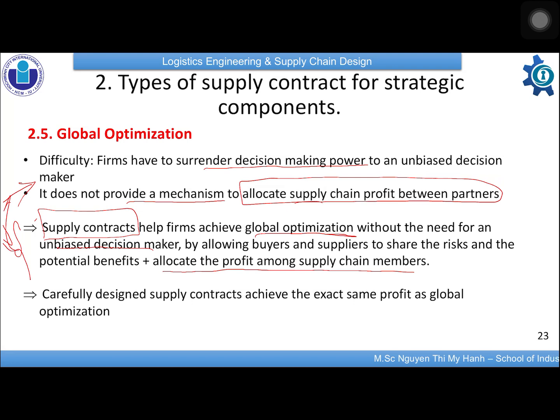If we carefully design the supply contract to achieve exactly the same profit as global optimization, we can maximize the profit of the whole supply chain and also increase the profit of each supply chain member. It's so effective and so important, so please remember it.